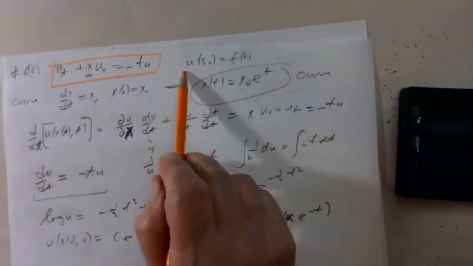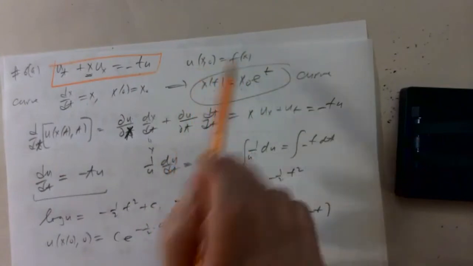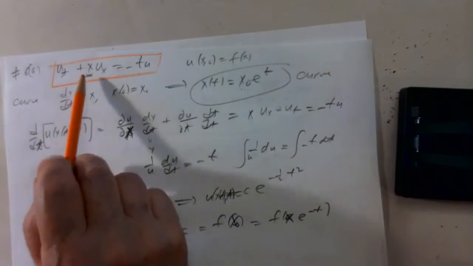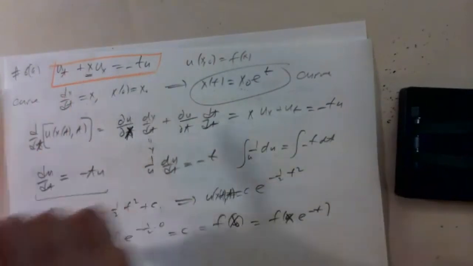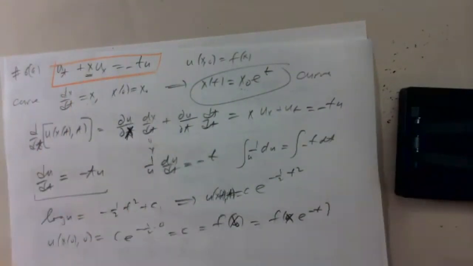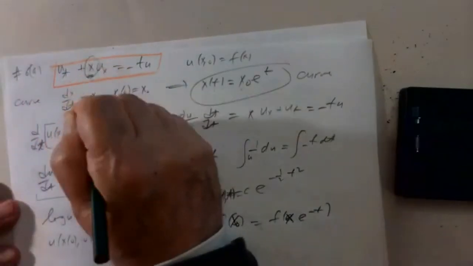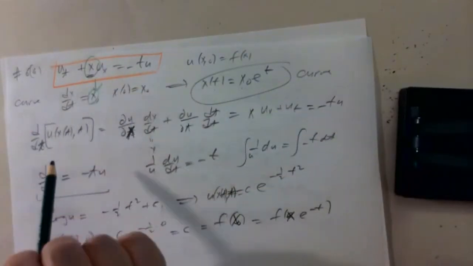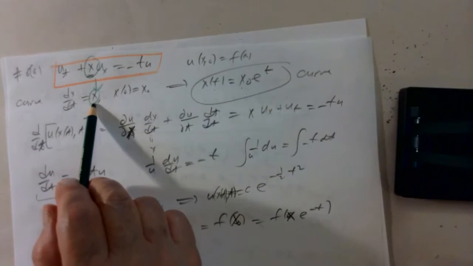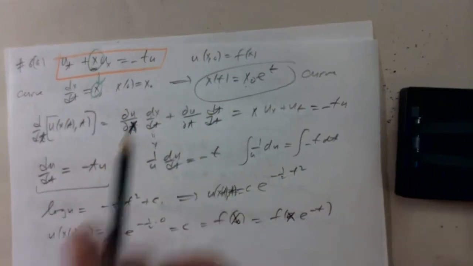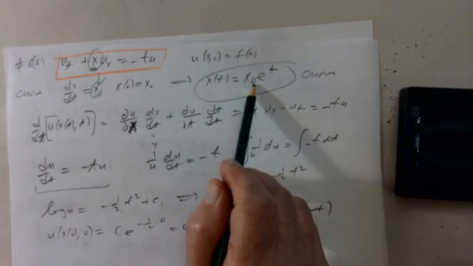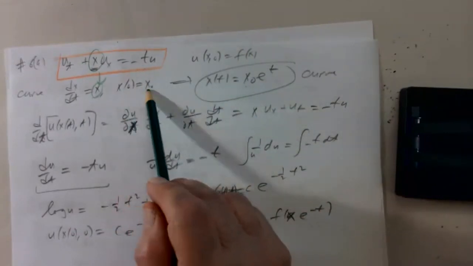And this is my initial condition, u of x comma 0 is f of x. So the first thing I do is solve the differential equation dx/dt equals x. This is just the simplest differential equation in the universe. The solution is x naught e to the t, where x naught is the value of x at time 0.